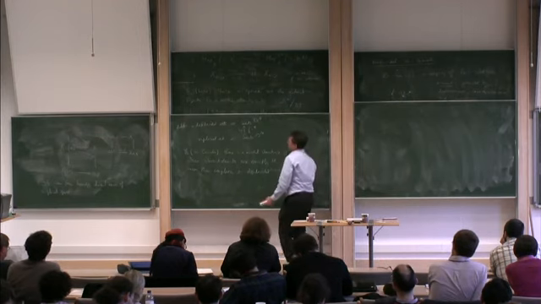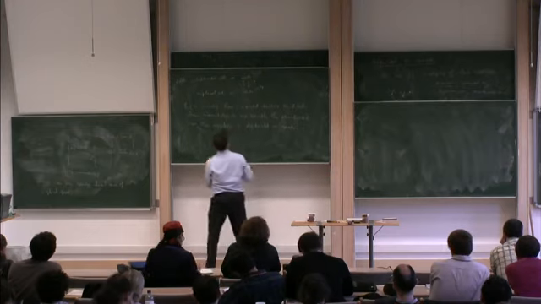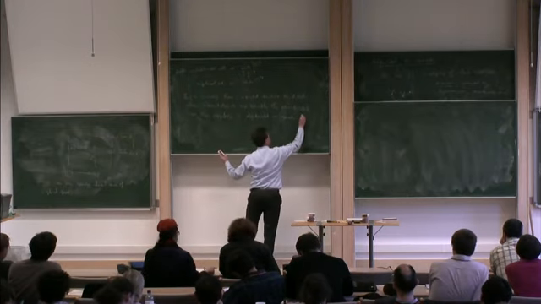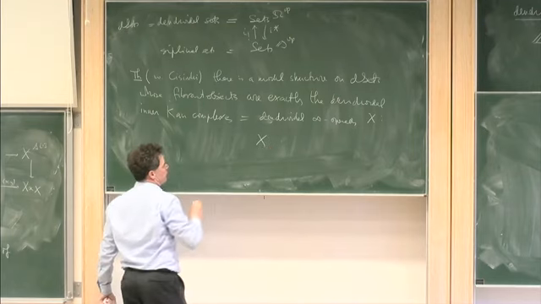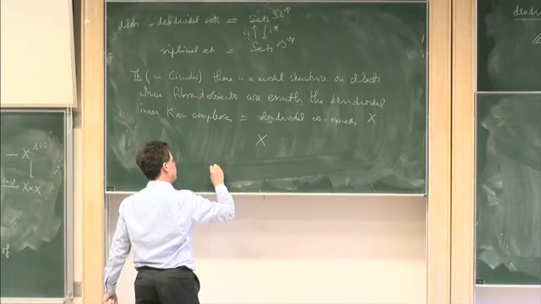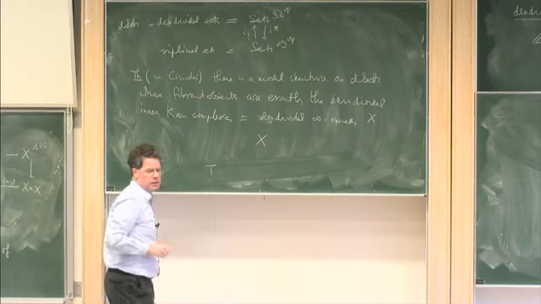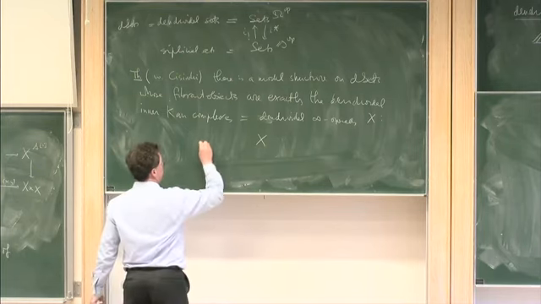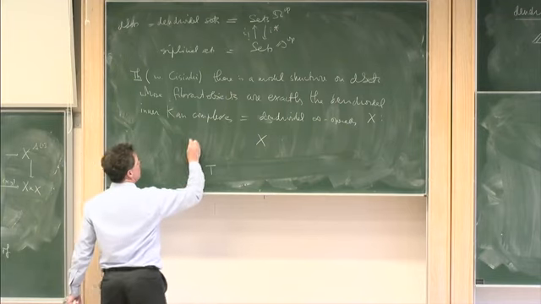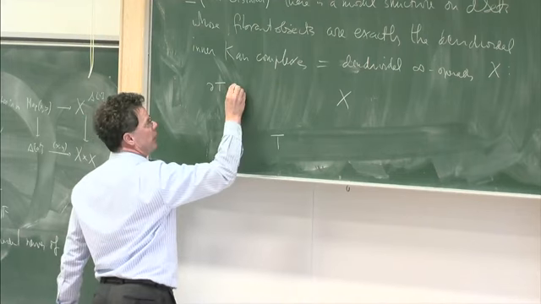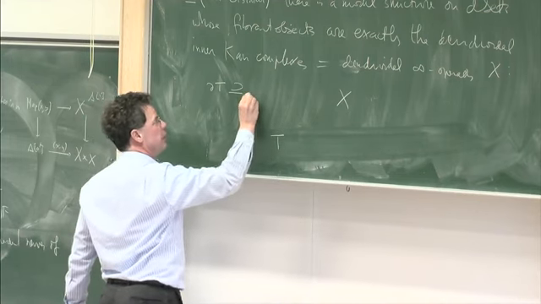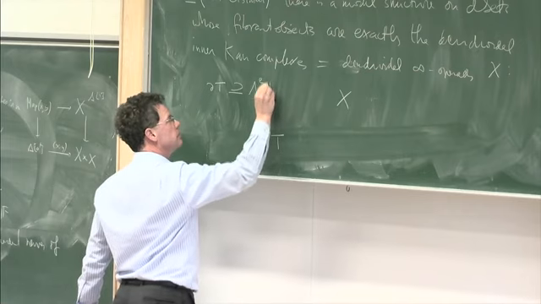Maybe I can write it here. If you have a presheaf on this category of trees, and you have a given tree T, you can form the boundary of this tree, delta T, which is the union of all the faces. And inside that boundary, you could take a horn.